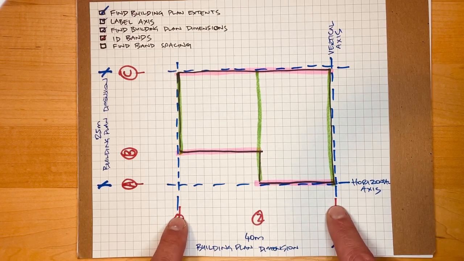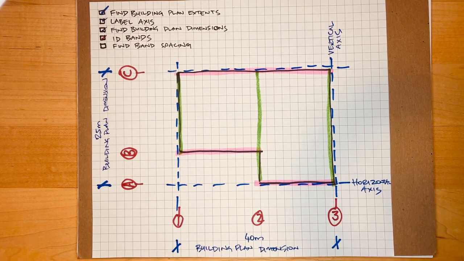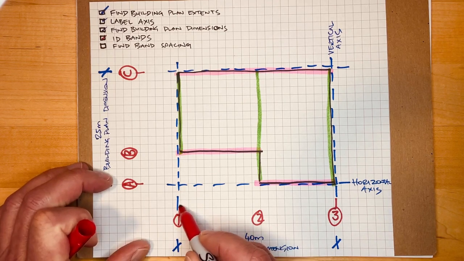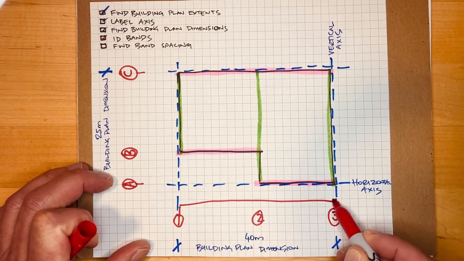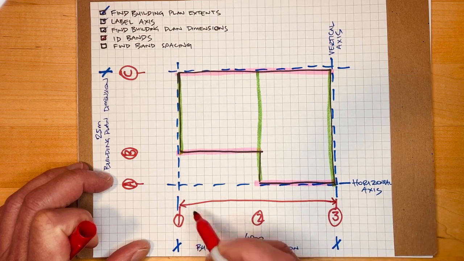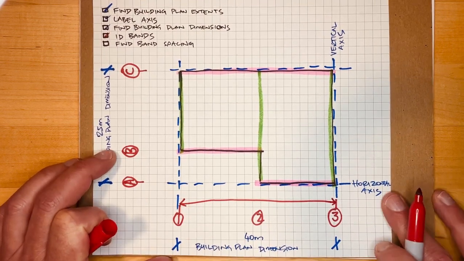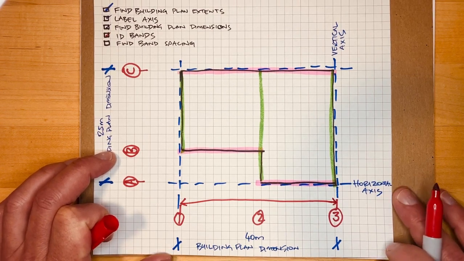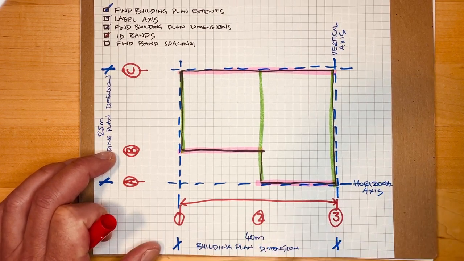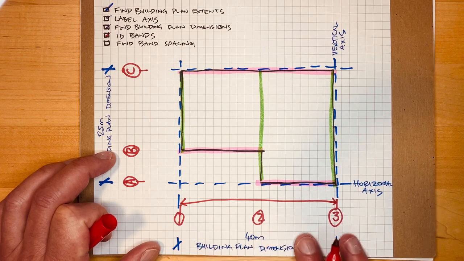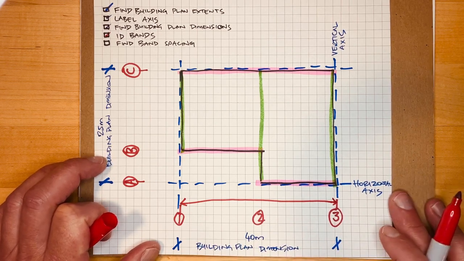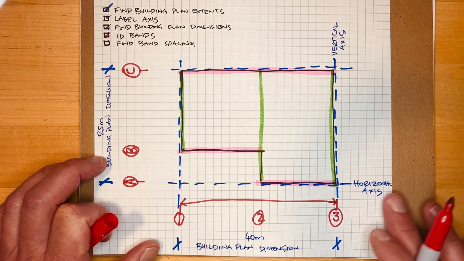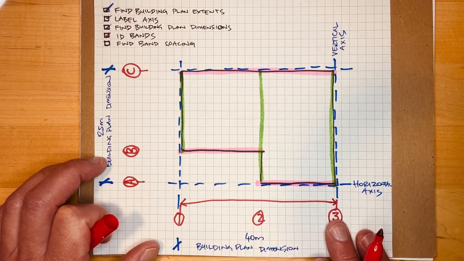So we would find the center line of those bands, and then we would measure between them. That would be that distance there between the center lines of the furthest end bands. When we know that dimension, we can input it into the calculator. We also tell the calculator that in this orthogonal direction, there are 3 bands, and the calculator is going to determine the average band spacing for these 3 bands.